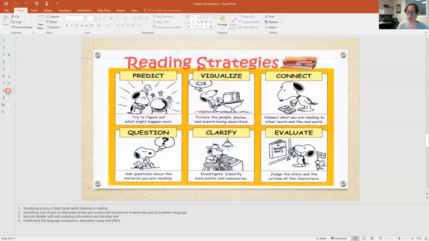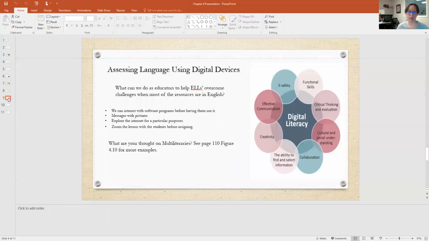Texts are constructed around one or more key uses. Become familiar with analyzing performance and narrative text. Understand the language comparison, the cause and effect. Let's move on to the next slide.